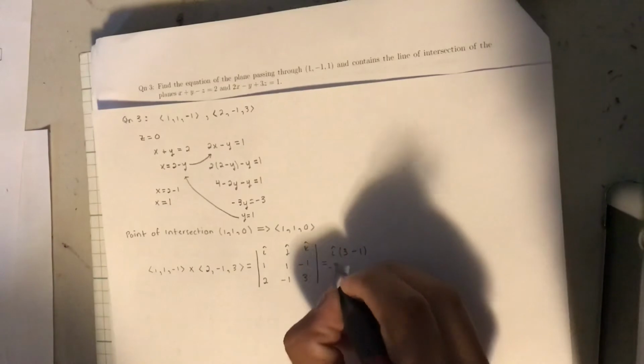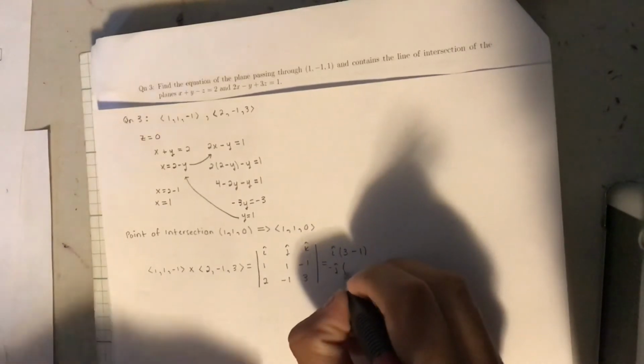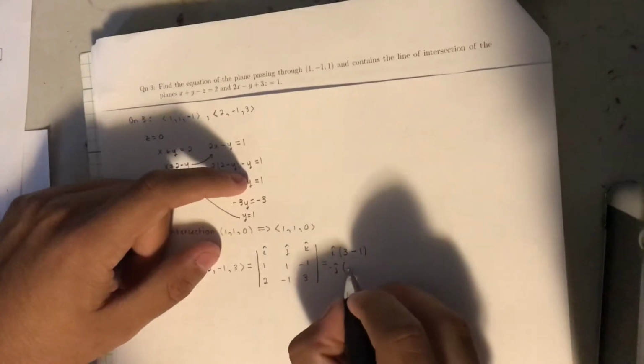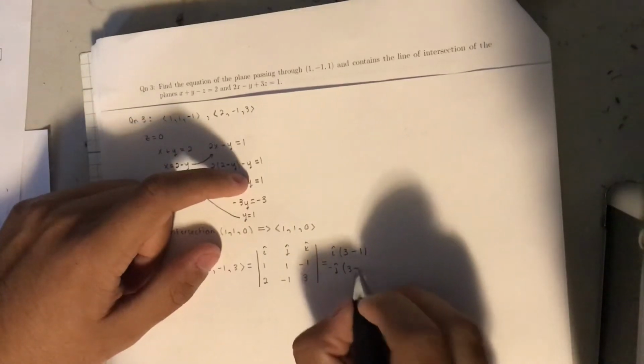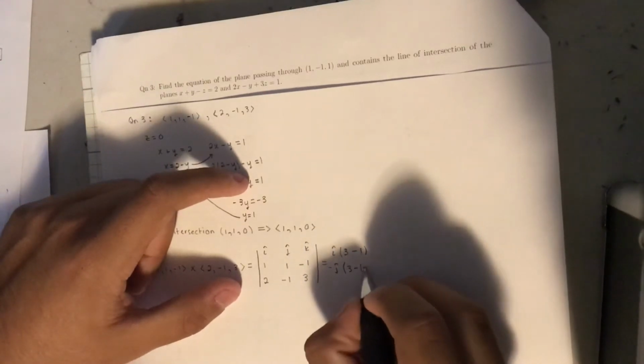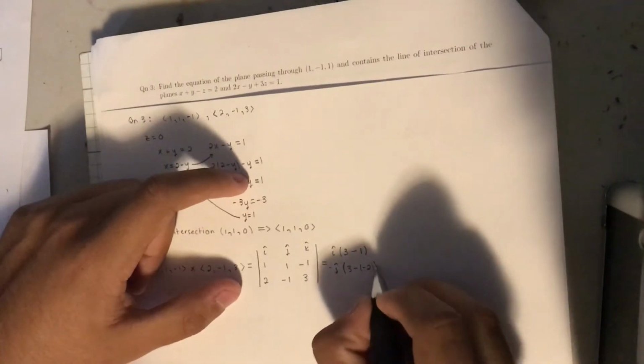Then we have -j: 1 times 3, which is 3, minus -1 times 2, which is -2, so 5, and since j is always negative, we have -5.